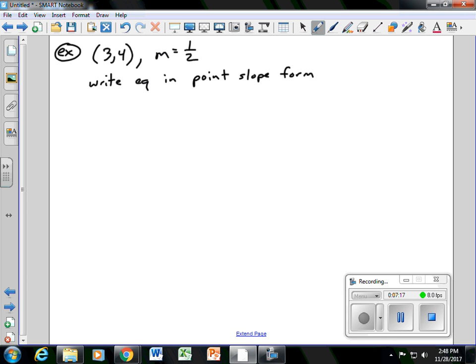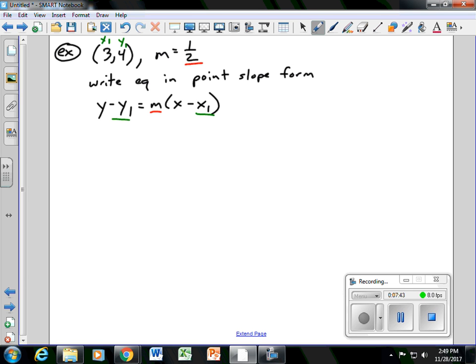You need to memorize point-slope form. Point-slope form is going to be y minus y sub 1 equals m times parentheses x minus x sub 1. So I can take the information they've given me. My m will be 1/2, my x sub 1 will be 3, and my y sub 1 will be 4.